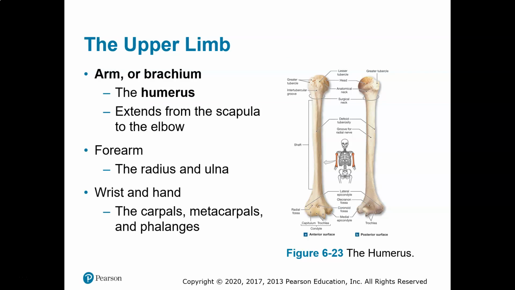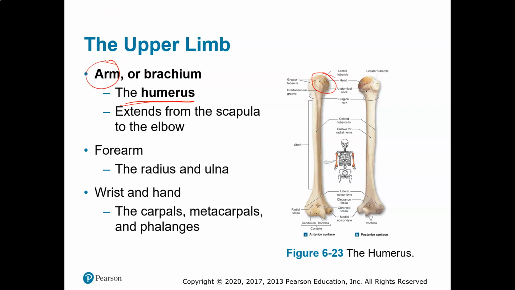Then we have the upper limb. I've been talking about the humerus, the head of the humerus. This is the head of the humerus that articulates with the glenoid cavity. So the humerus extends from the scapula to the elbow, and then the bones in the forearm, because technically the arm, remember, is the upper arm.